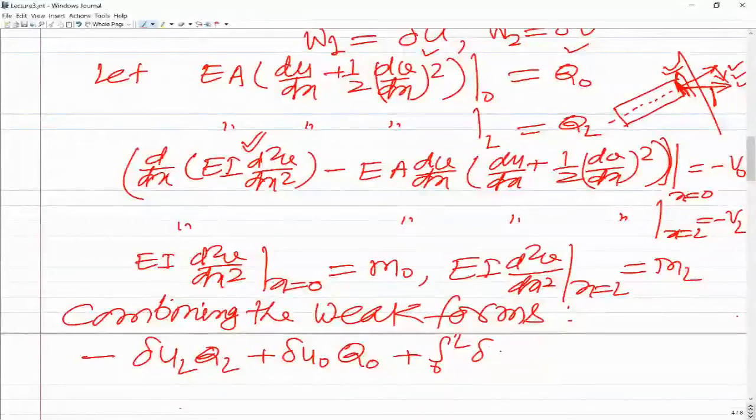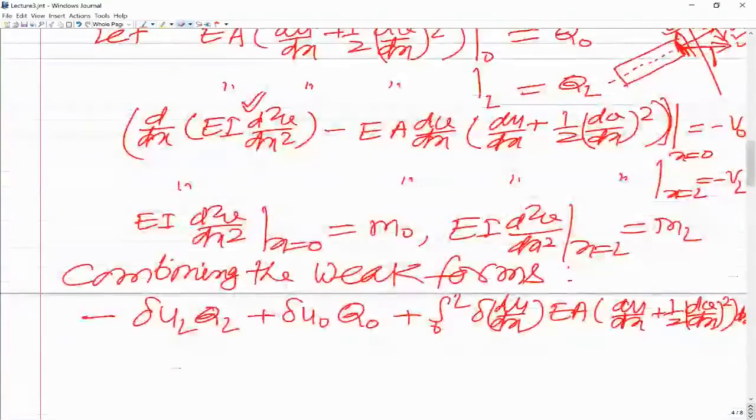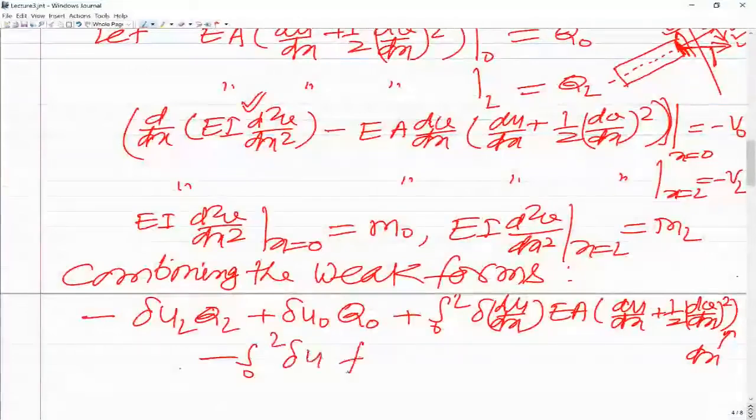So this is delta of du by dx, and then we have EA into du by dx plus half of dv by dx whole square, dx, and minus integration 0 to L delta U F dx.